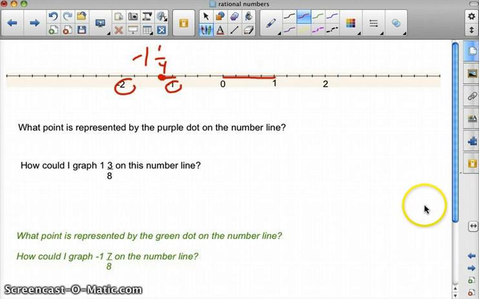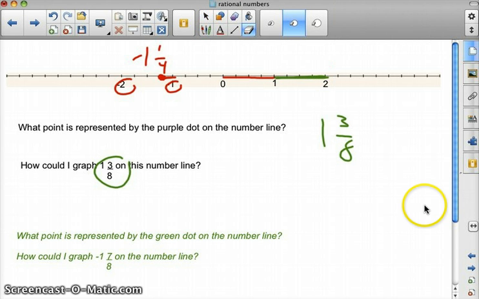Okay. How can I graph 1 3/8 on this number line? I'm going to go over here now, and I want to find 1 3/8 on the number line. I know that's going to be in here. It's more than 1, it's less than 2. This number line is divided into fourths.